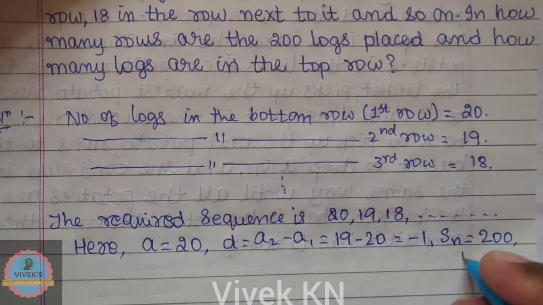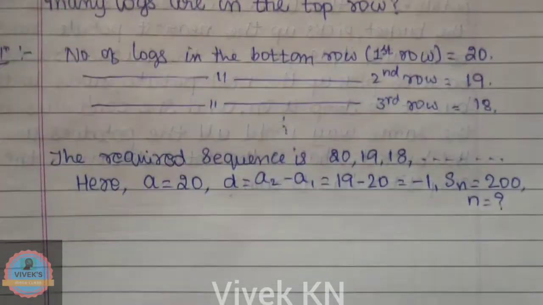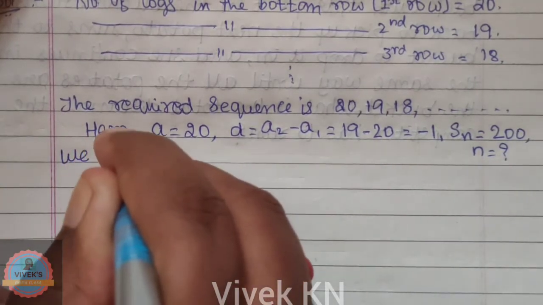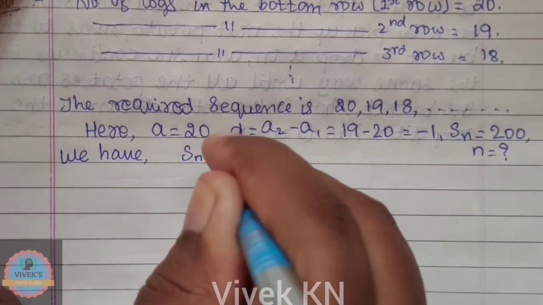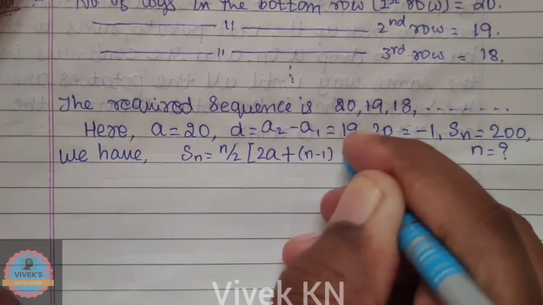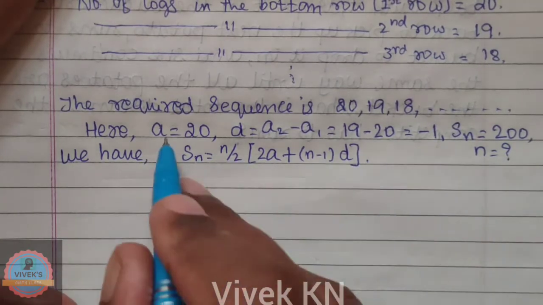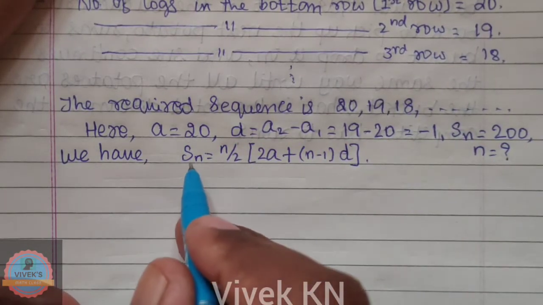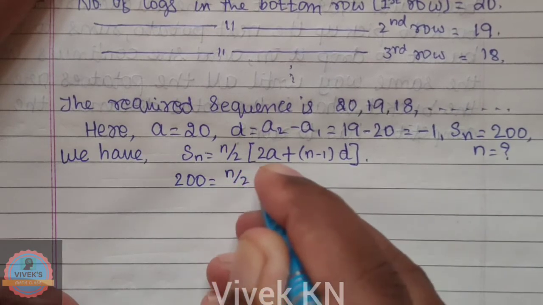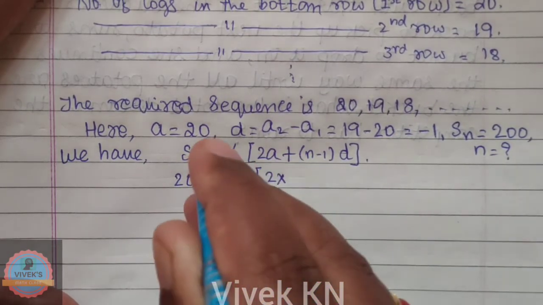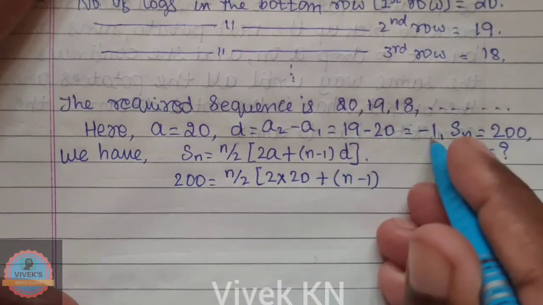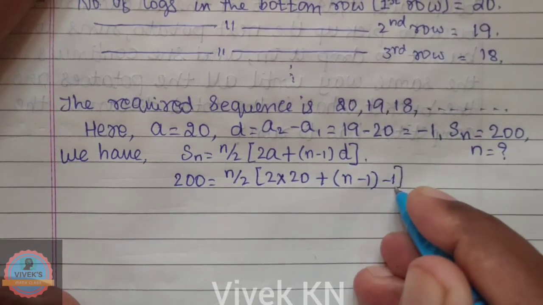Now we have to calculate the value of n. So let us write the formula of sum of n terms. We have Sn is equal to n by 2 into 2a plus n minus 1 into d. Now let us substitute all these values in this formula. The value of Sn is 200 is equal to n by 2 into 2 into value of a is 20 plus n minus 1 into value of d, common difference, is minus 1.